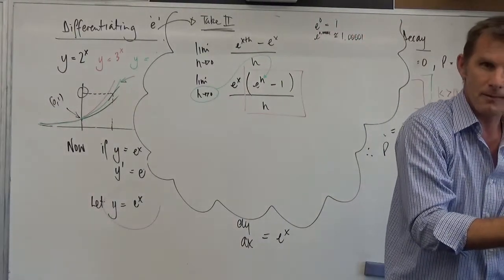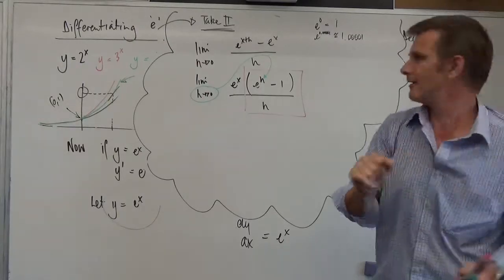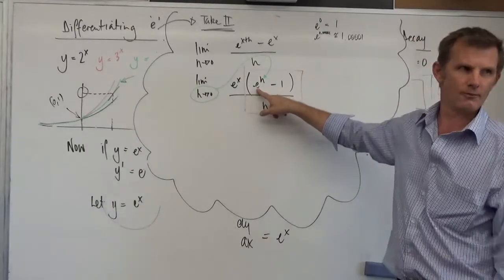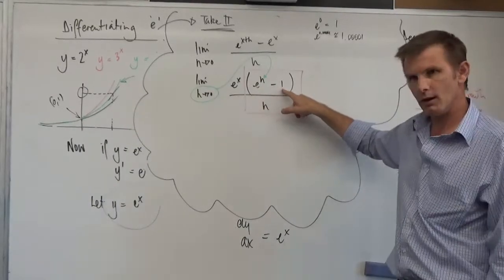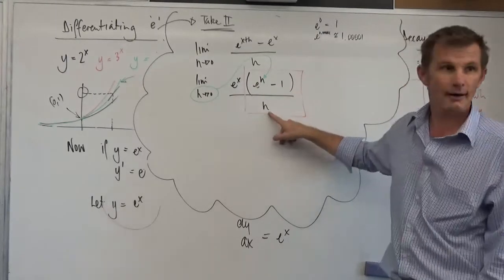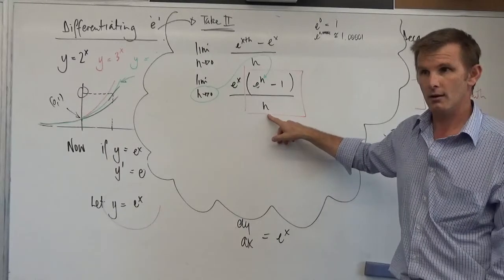You see what I mean? Just a little bit more than 1. Minus 1 makes a very small number. Divided by a very small number is going to be very close to 1.